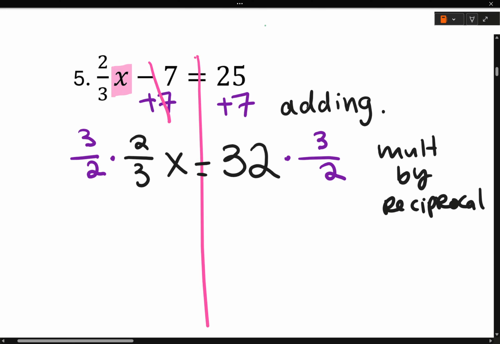On the left side, the way we multiply fractions is by going straight across, right? So 3 times 2 for the top of the fraction is 6. On the bottom, 2 times 3 is 6. What's 6 over 6? It's 1. Perfect. On the other side, 32 times 3 halves is 48.